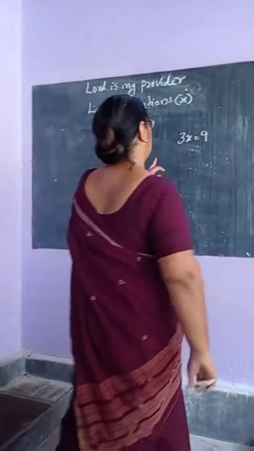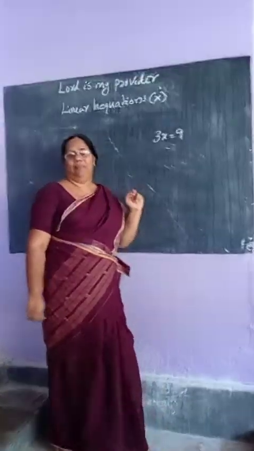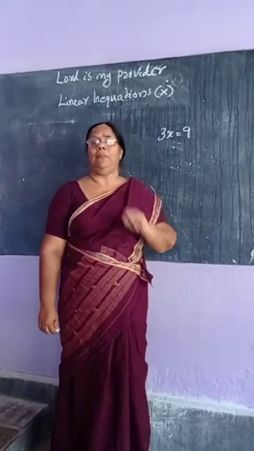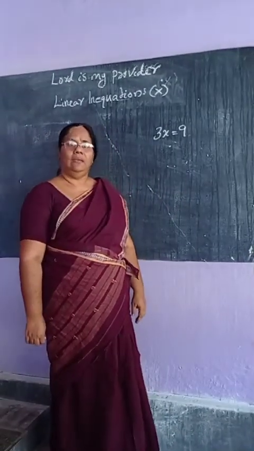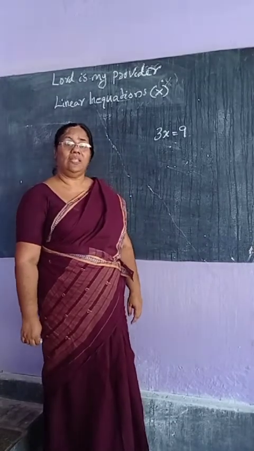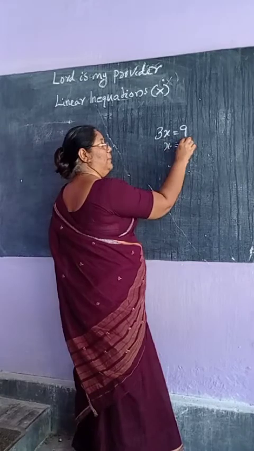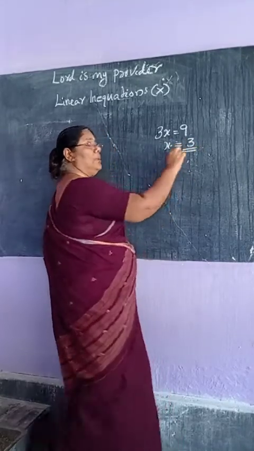Therefore, this is called an equation. Here 3x = 9 is an equation in one variable. And how to solve this equation? x = 9 divided by 3, that is equal to 3.